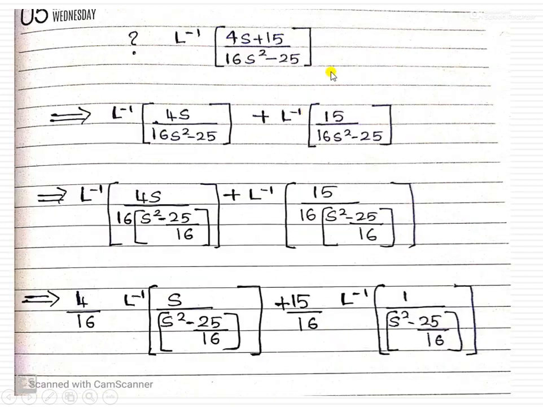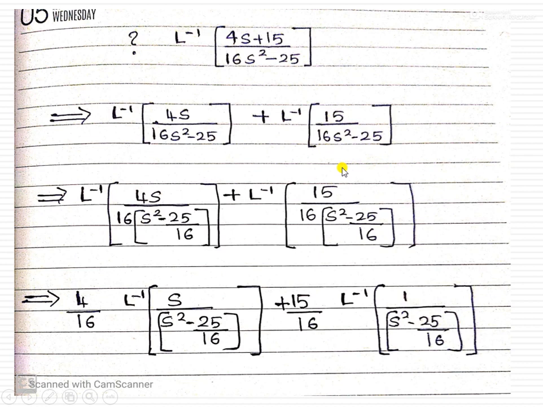And the last problem is: find the inverse Laplace transform of (4s plus 15) by (16 s squared minus 25). That is the inverse Laplace transform of 4s by (16 s squared minus 25) plus the inverse Laplace transform of 15 by (16 s squared minus 25).